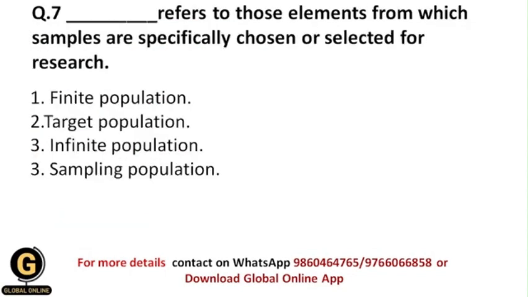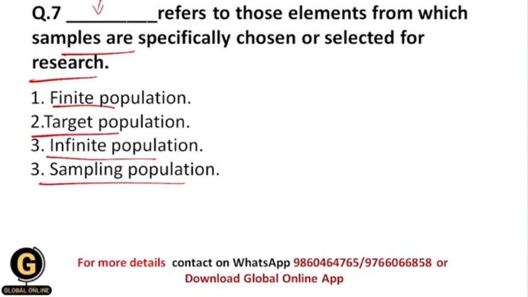Next, dash refers to those elements from which samples are specifically chosen or selected for research. So from which type of population do we choose samples for research? Is it finite population, target population, infinite population, or sampling population? Obviously, students, now all of you understood that the correct answer is the second, that is target population.